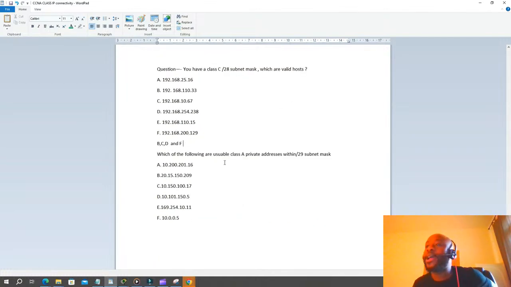Which of the following are usable class A private IP address within subnet mask? Again, for this, there is private IP address 10.0.0.0. This is class A private IP address.